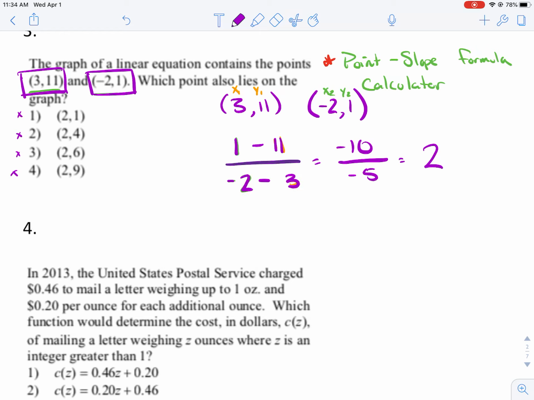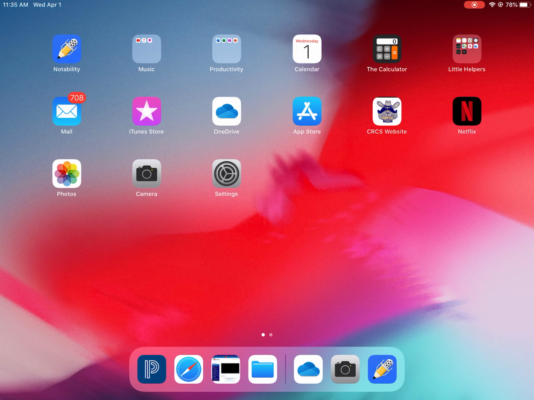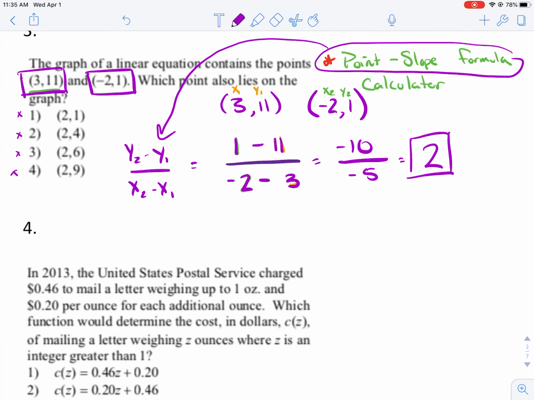Okay, so let me rewrite these colors in here because I think they might be confusing. This is negative 2 minus 3. Okay, so it's y2 minus y1 over x2 minus x1. Okay, that is our point slope formula. I apologize for not showing you that first. Okay, that's what that is.